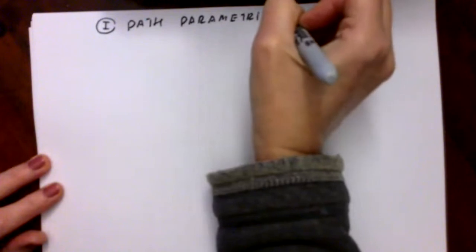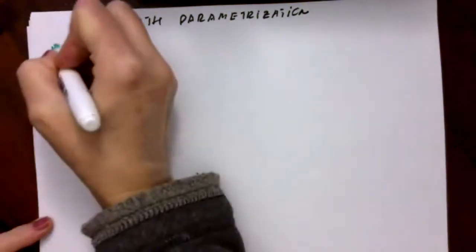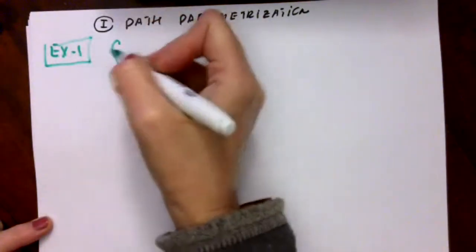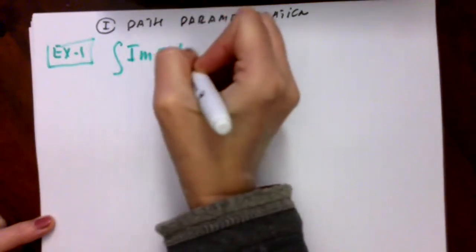And let me start with some very small and nice example. Let it be example 1, something really very simple, something like the integral of the imaginary part of z, dz.